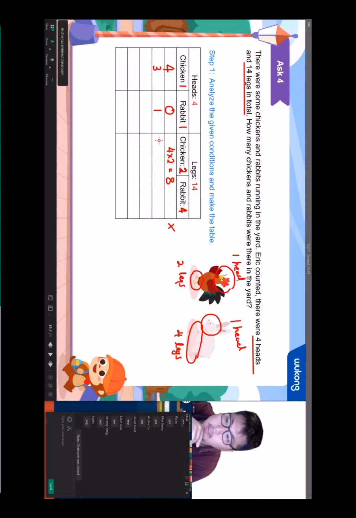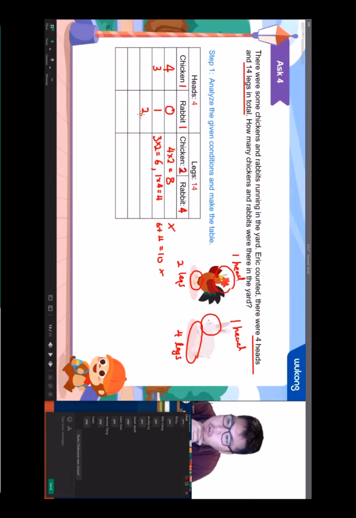So that means we need to think about 3 chickens means 3 times 2 equals 6. And we need to think about the rabbit. So 1 times 4 equals 4. And now 6 plus 4 equals 10. So it doesn't work.